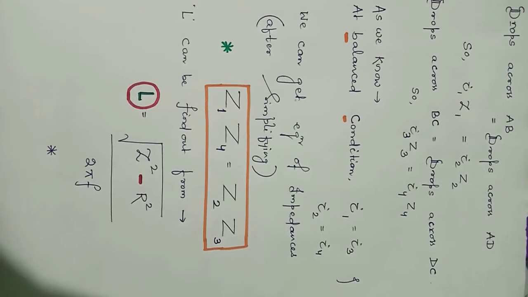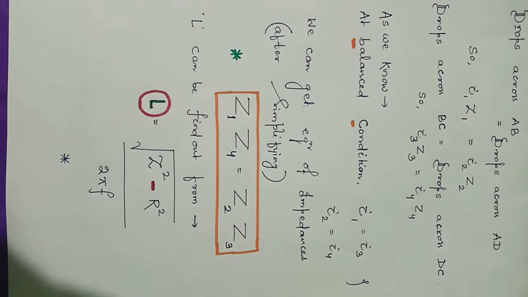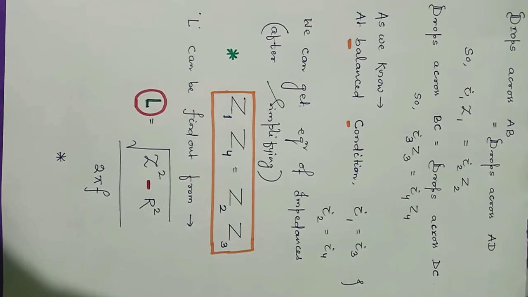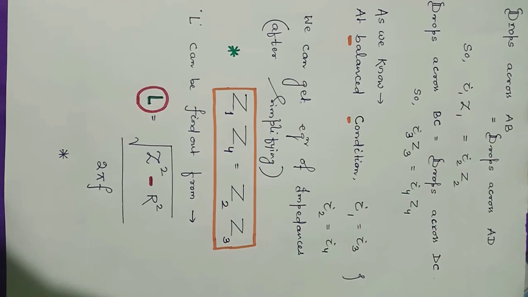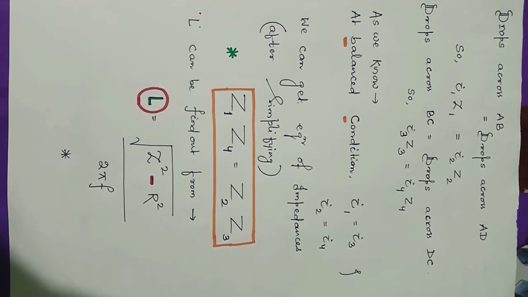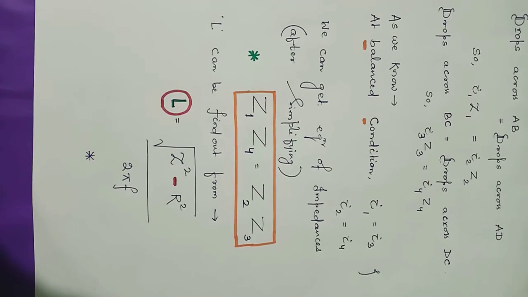So I3 Z3 is equal to I4 Z4. As we know again, at balanced condition, I1 is equal to I3 and I2 is equal to I4. So we can get the equation of impedances. Simplifying, we can get Z1 Z4 is equal to Z2 into Z3.